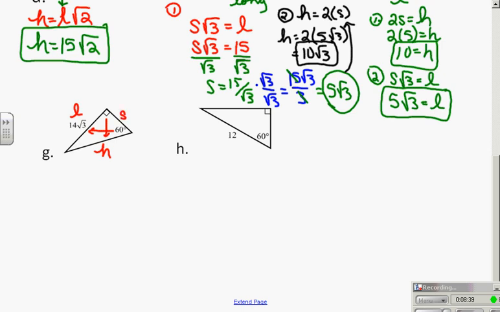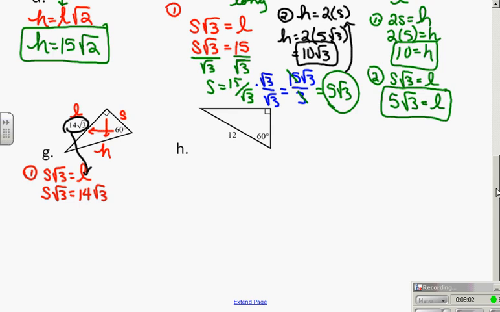G is also a 30, 60, 90 triangle. Missing hypotenuse. I know the long leg, and I'm missing the short leg. So given the long leg, I know, first step, that short leg times the square root of 3 equals my long leg.